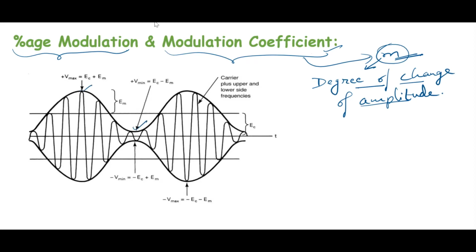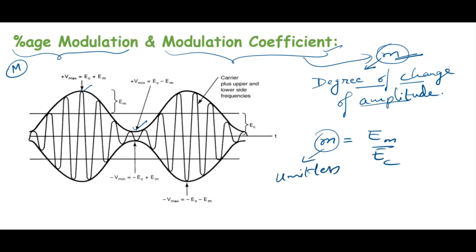And percentage of modulation we generally denote with capital M, and this is nothing but the coefficient of modulation stated as a percentage. Mathematically, this small m can be written as Em over Ec, where Em is the amplitude of the signal wave and Ec is the amplitude of the carrier, and this m is a unitless quantity.